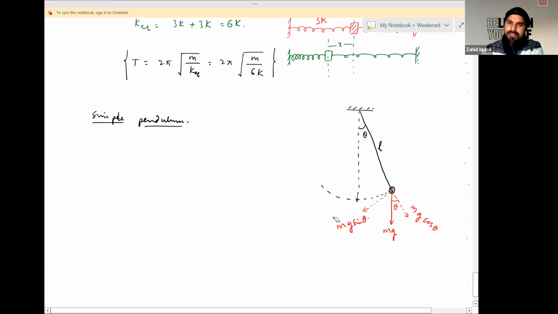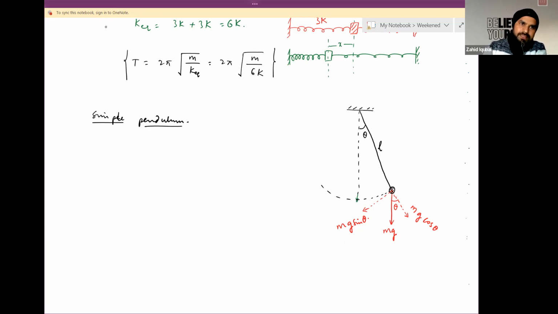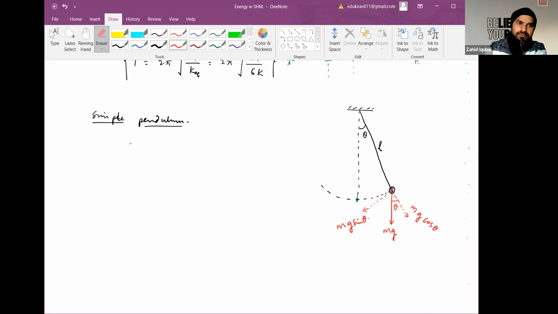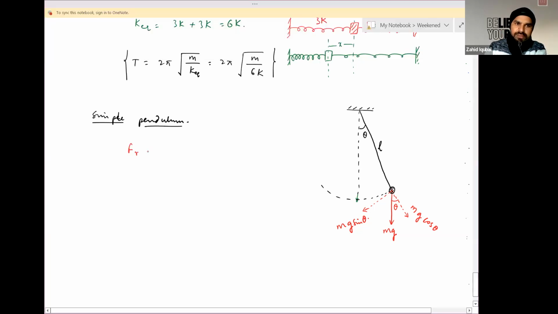So mg sin theta will be termed as a restoring force for this particular condition. So you can say restoring force equals to mg times sin theta. Since it is acting opposite of displacement or opposite of direction of motion, it will be minus of mg sin theta. Now for a small angle, it can also be written as mg times theta.